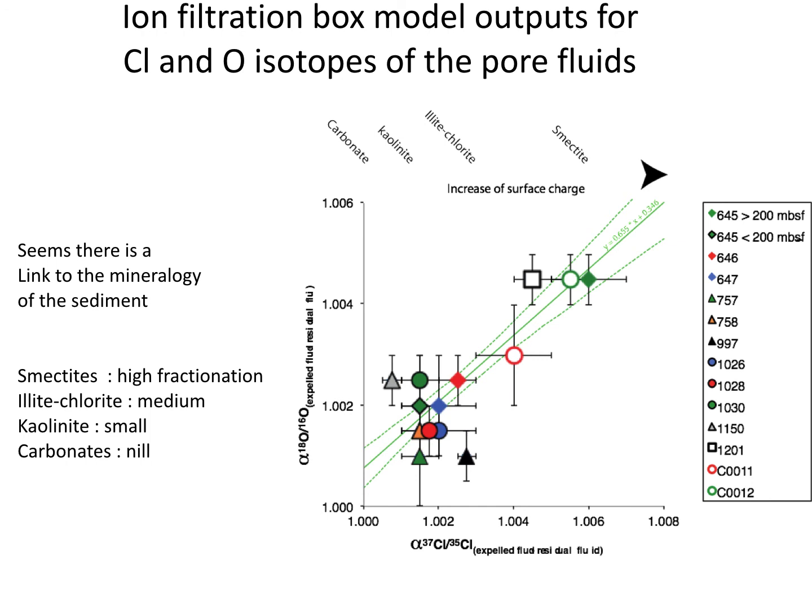Large fractionations are obtained when the sediments are rich in smectite, medium fractionation for halite chloride-dominated sediments, small fractionation for kaolinite-dominated sediments, and no fractionation for carbonate-dominated sediments.